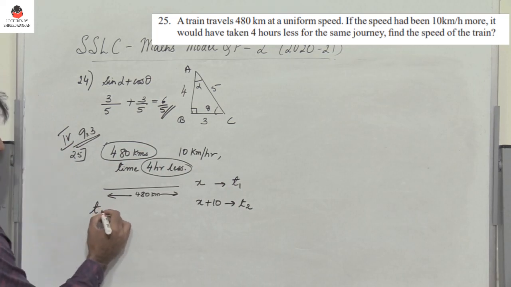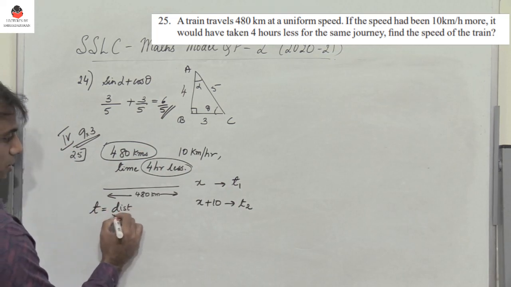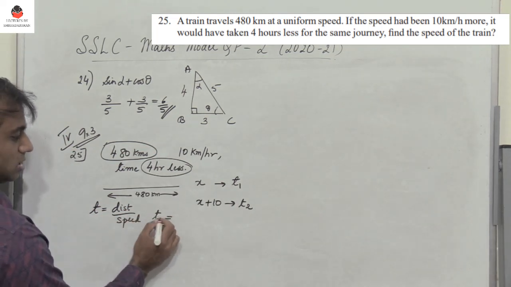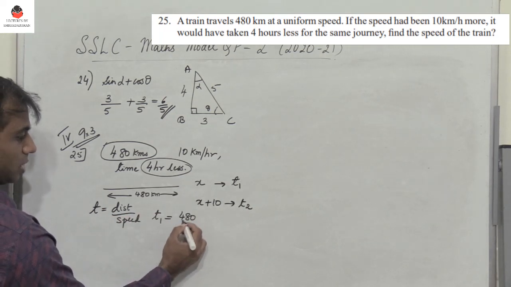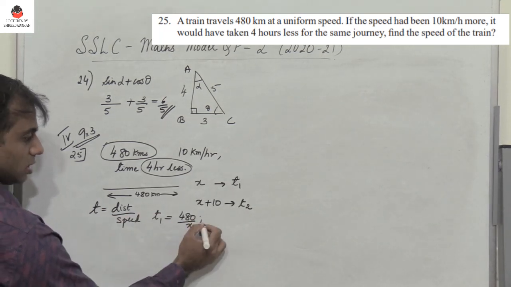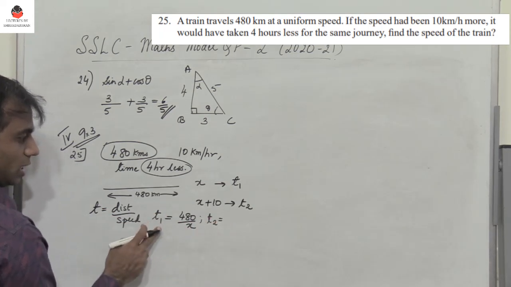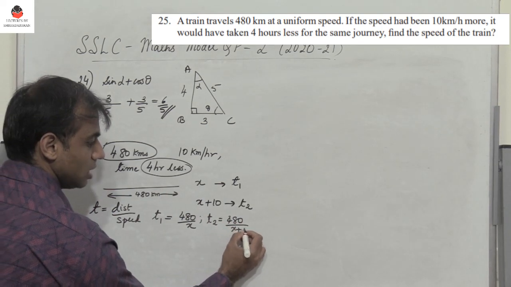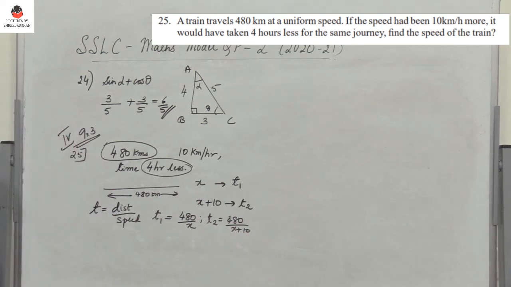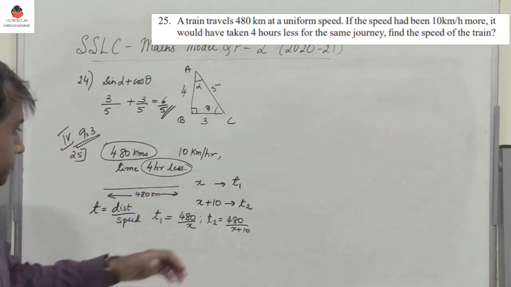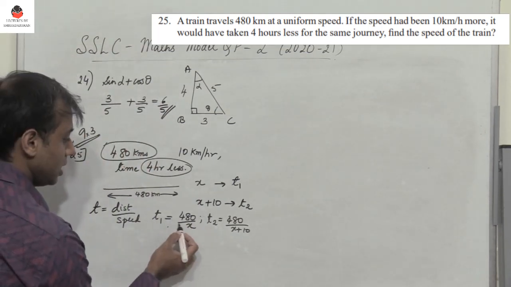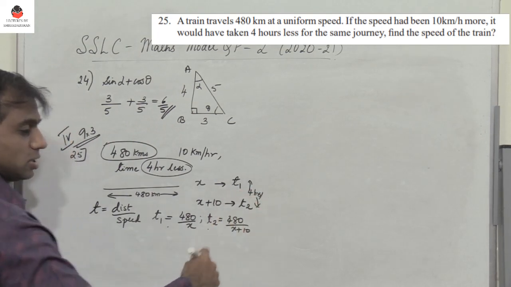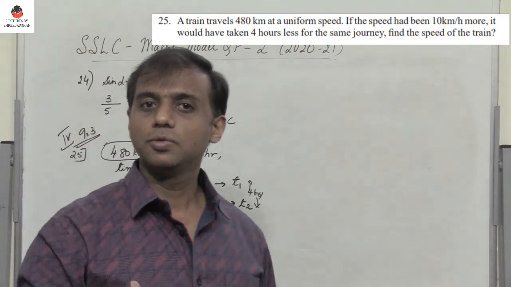We know that time equals distance by speed. So what is t1? T1 is distance 480 by x, whereas what is t2? T2 is distance, which is again 480 by speed. Now speed is x plus 10 because the speed is increased by 10. But what is the difference? The difference is 4 hours, because the train is traveling faster, it reaches 4 hours earlier.